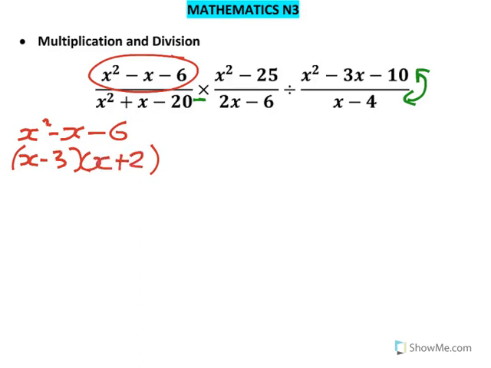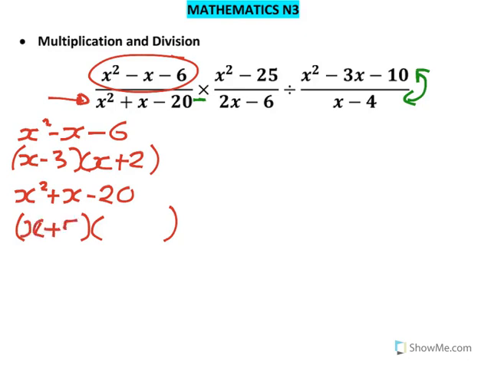And then for the one at the bottom, x squared plus x minus 20, if again you use the product and sum method, you are going to get x plus 5 and x minus 4.